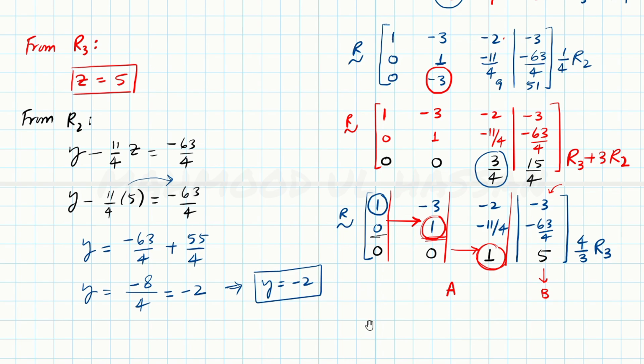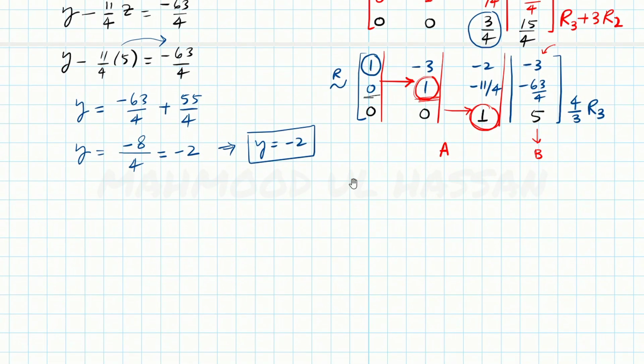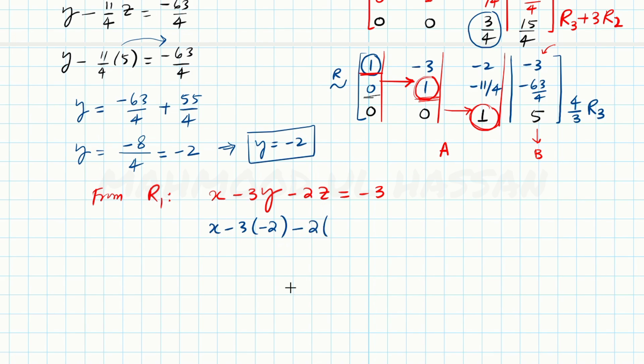The last one is the value of x, which we obtain from row 1. In row 1 the coefficient of x is 1, so x, the coefficient of y is negative 3, so negative 3y, and the coefficient of z is negative 2, so negative 2z is equal to negative 3.